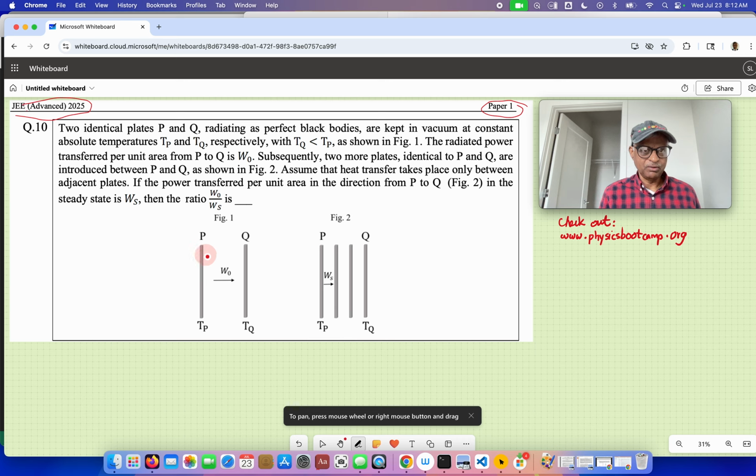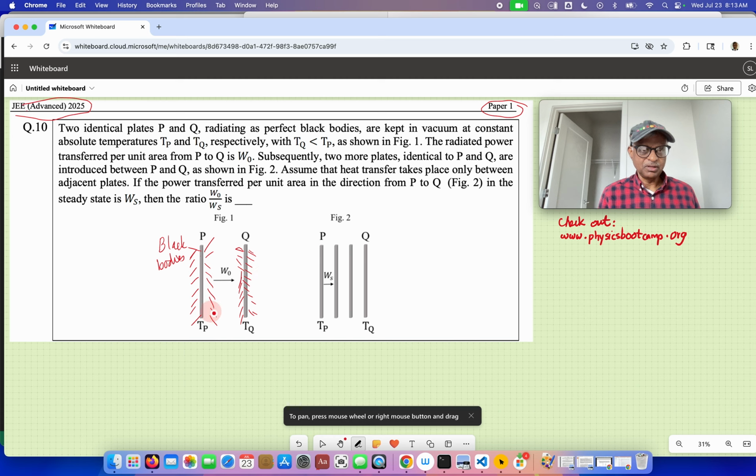You have two plates P and Q. They're perfectly black bodies. This one is giving out radiation in all directions, and this one is also giving out radiation in all directions.